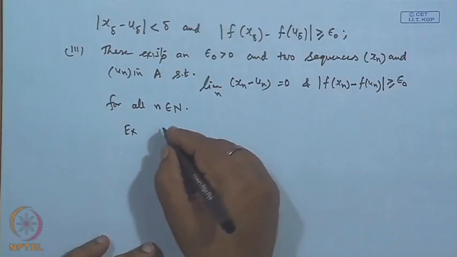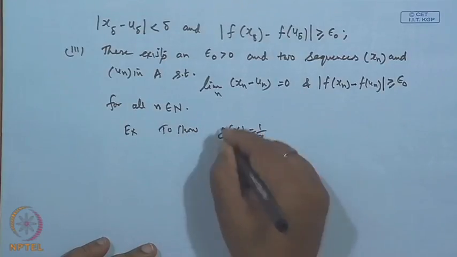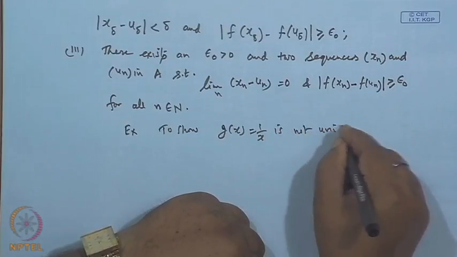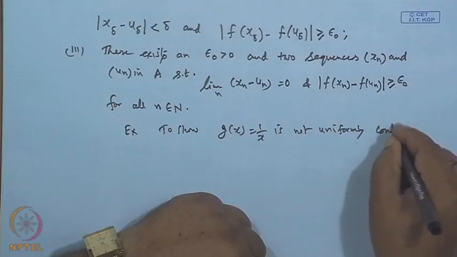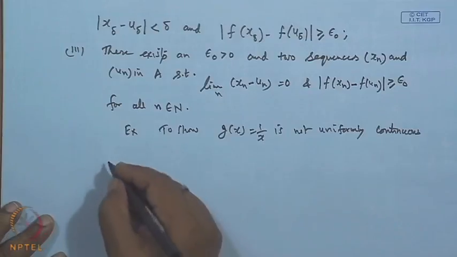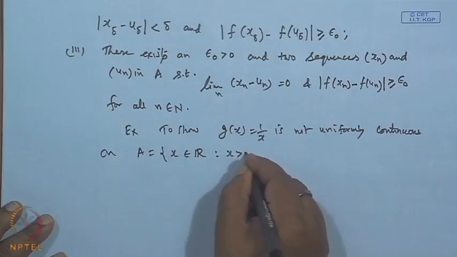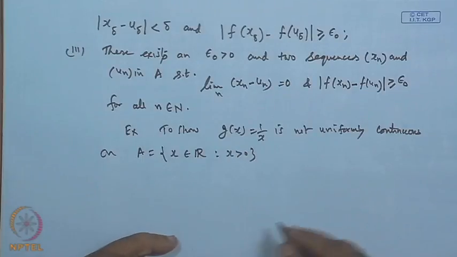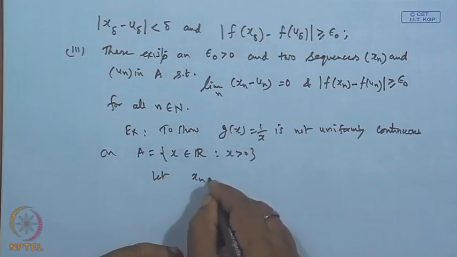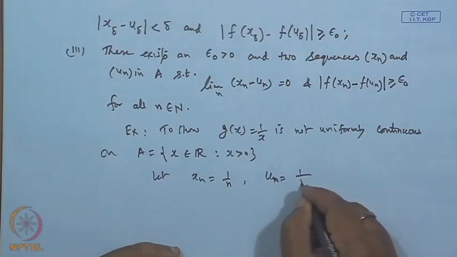Suppose I apply this to show that g x, which is 1 by x, is not uniformly continuous on the set A where x is greater than 0, the set of all positive real numbers. So, we have to pick two sequences. Let x n be 1 by n and u n be 1 over n plus 1.